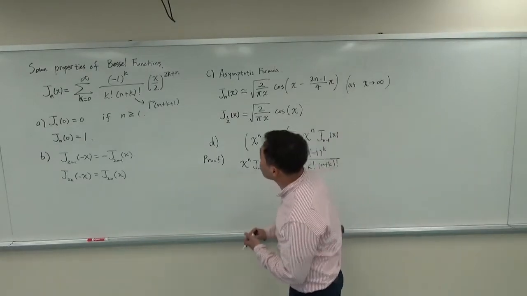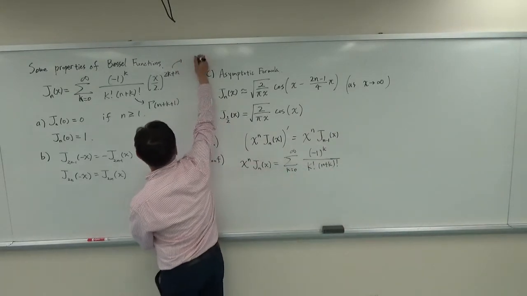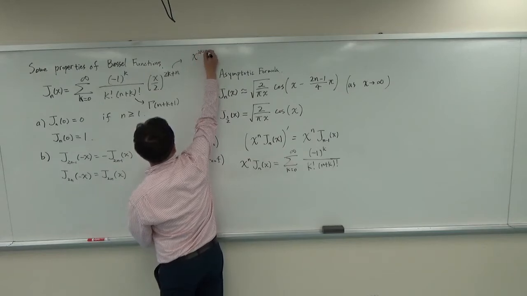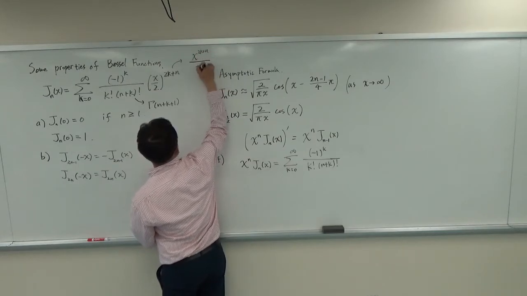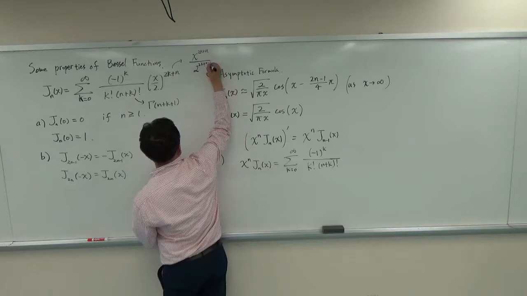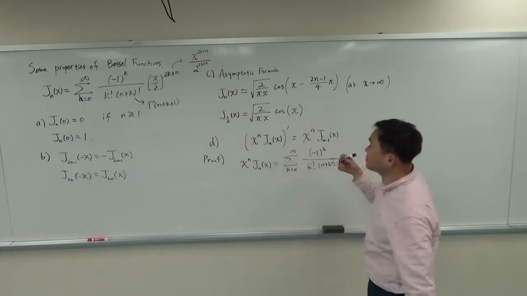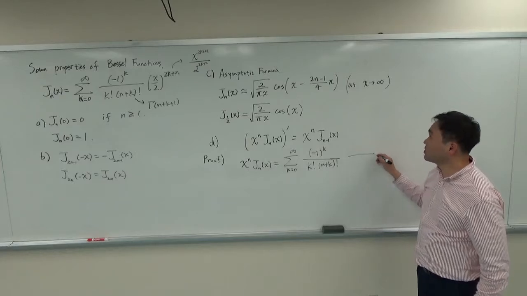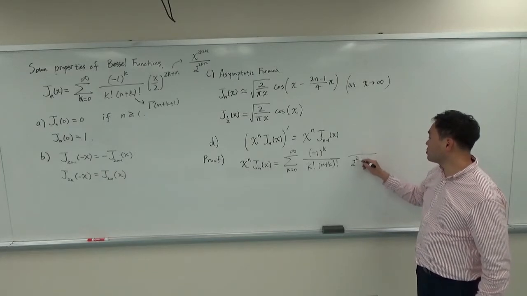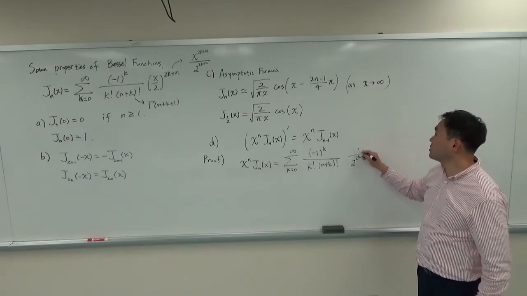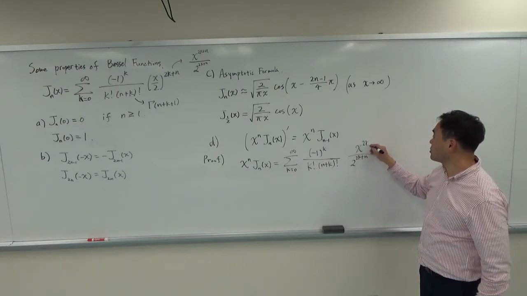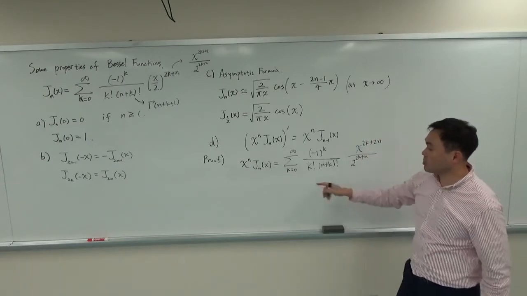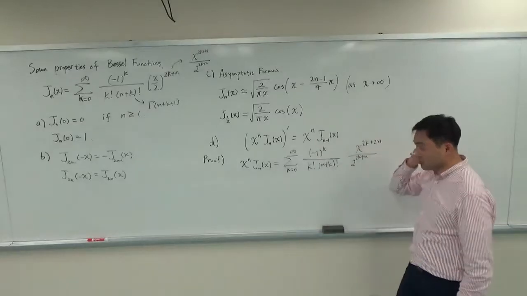Just break up this thing as x to the 2k plus n over 2 to the 2k plus n. Right? And then we can now rewrite this as 1 over 2 to the 2k plus n and x to the 2k plus 2n, because there's an extra x to the n in front, right?